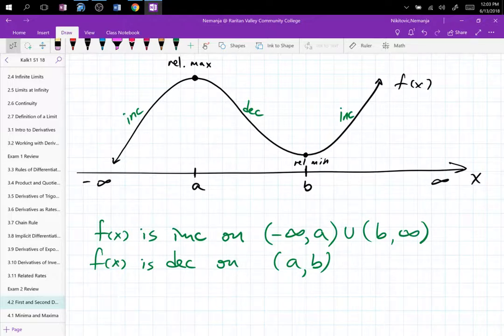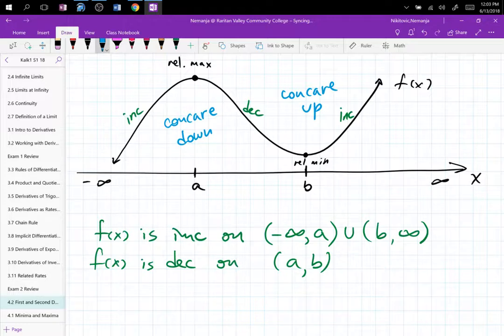The second part of this would be in blue, concave down and concave up. Now I have to find an arbitrary point C over here somewhere.